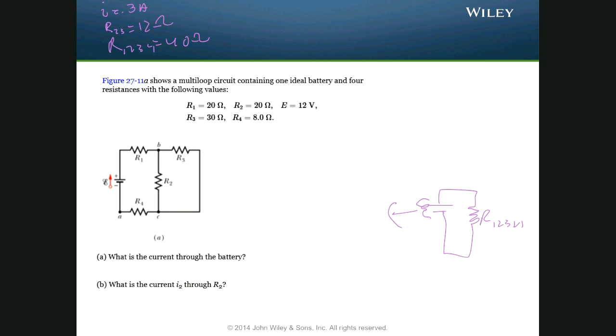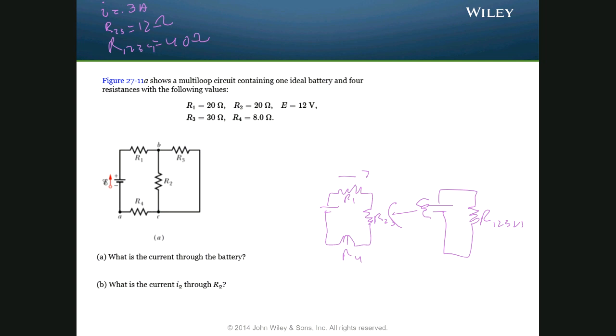So breaking it back down, we know that the current we found in part A is the current. So this is R1, R23, and R4. We know the current is the same through all of these resistances.